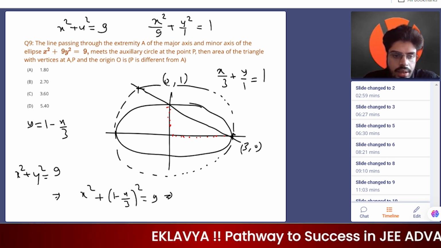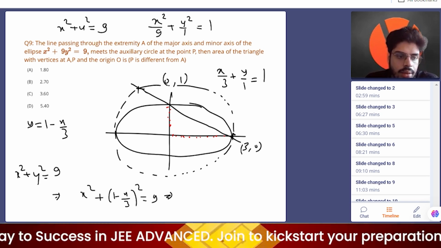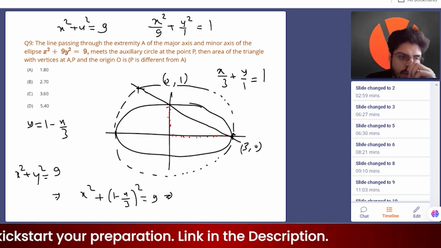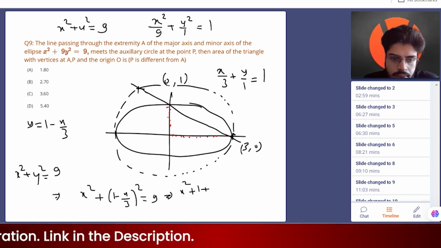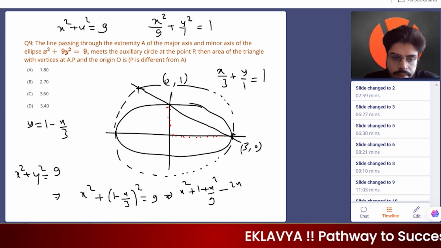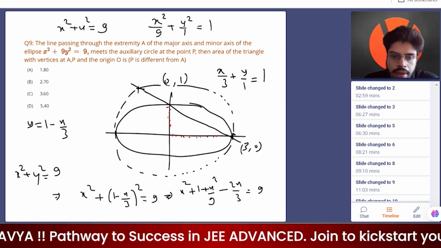Let us see. x square plus 1 plus x square by 9 minus 2x by 3 is equal to 9.